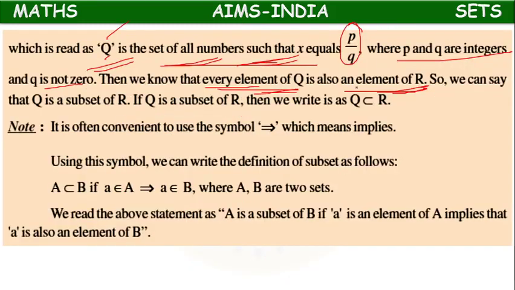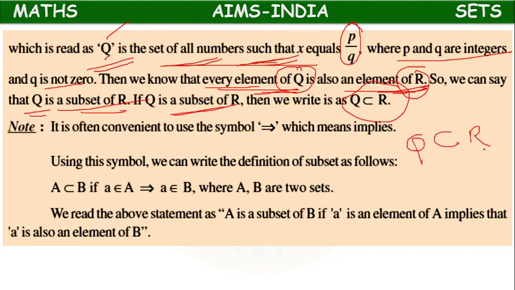Means all the elements present in Q are present in R. So we can say that Q is a subset of R. In symbolic terms, we write it as Q subset of R. It's like E only, the middle line is missing. We can write it like a round E without the middle line, or a sleeping U. This is read as Q is a subset of R.